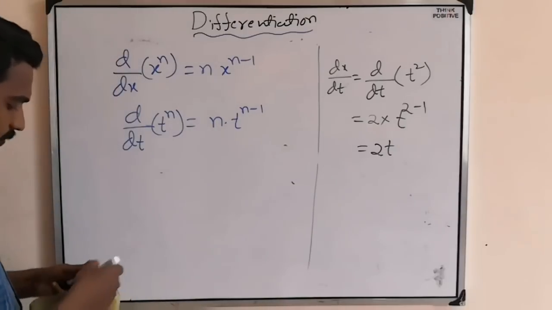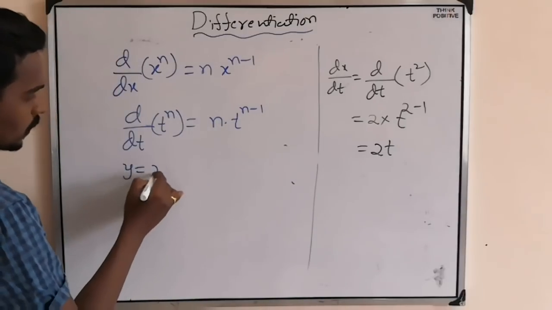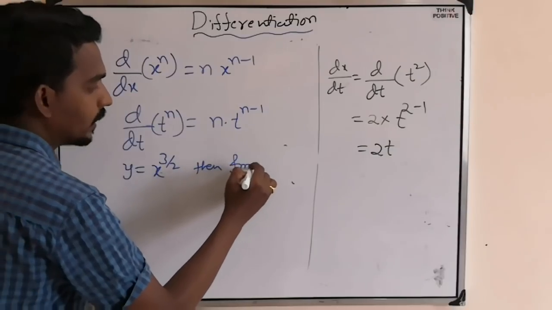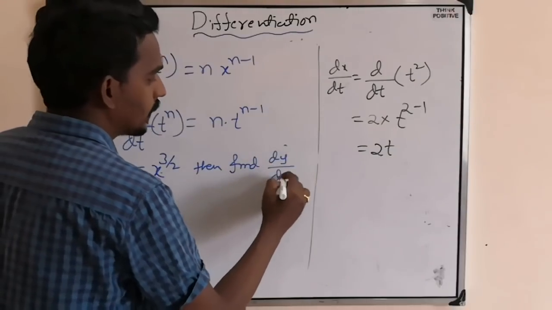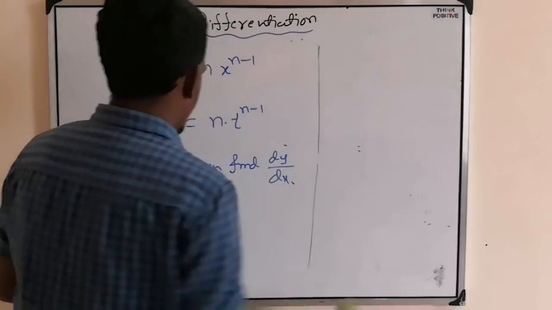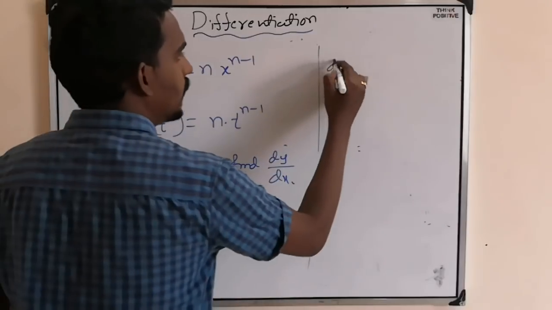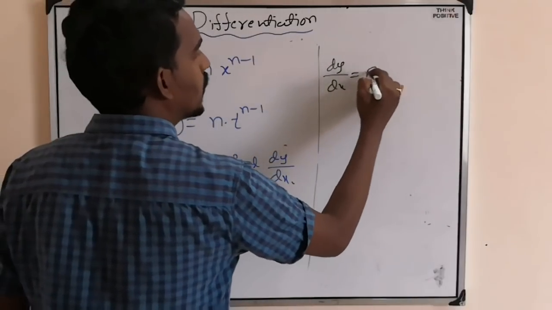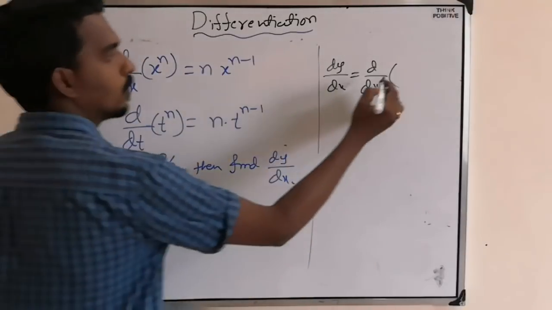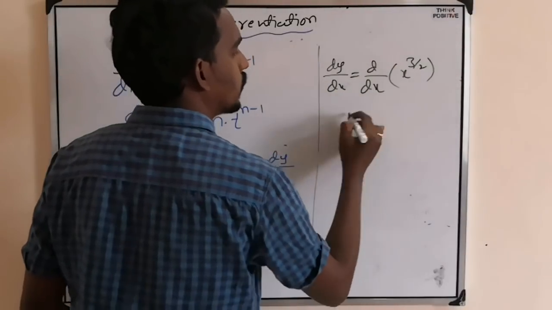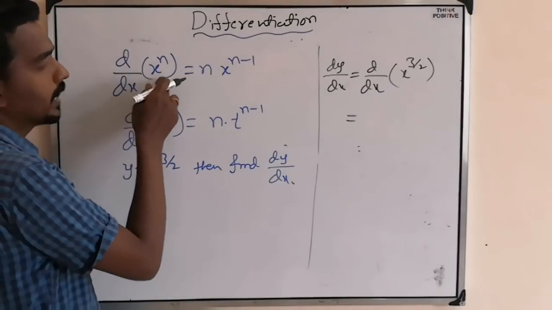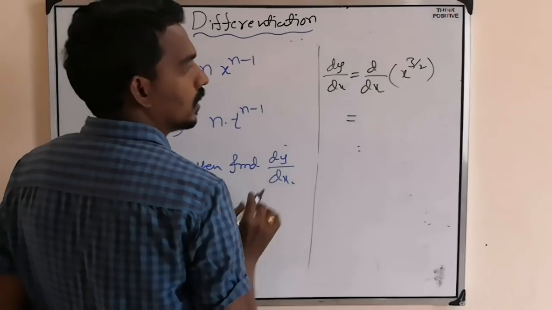Let me take one more. y equal to x power 3 by 2, then find dy by dx. So dy by dx equal to d by dx of x power 3 by 2. Now it is x power n form, because here d by dx of x power n.